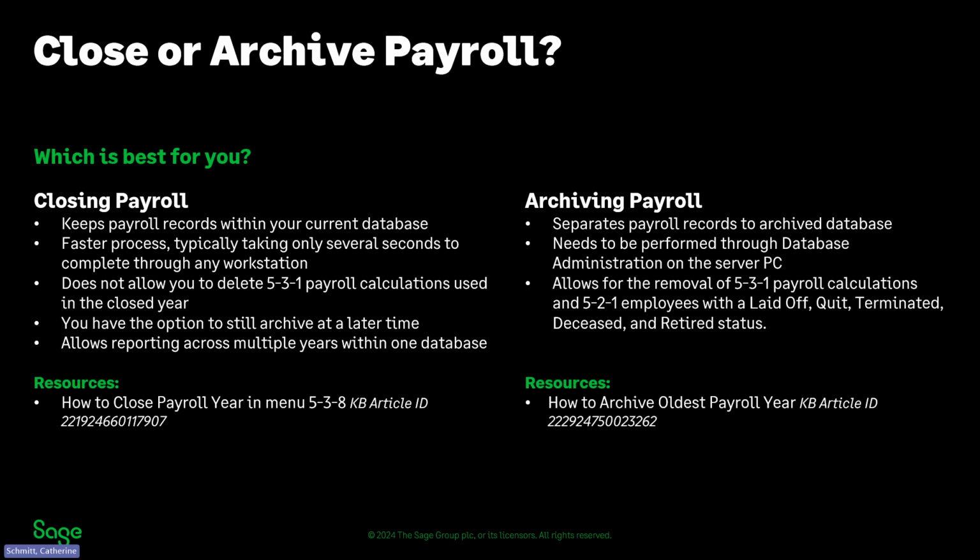So for instance, if you have to clean house, because there are some calculations that were not used most of the year, if they haven't been used at all, you can get rid of them. However, if they were used part of the year, they will be grayed out and you cannot delete them. The only way you can get rid of them is if you archive payroll.